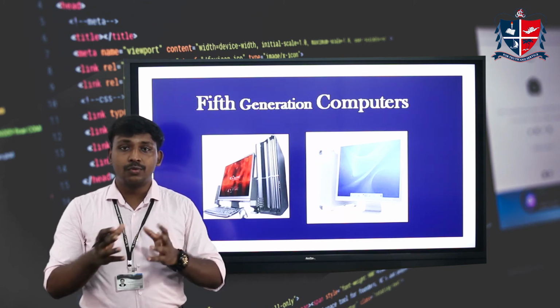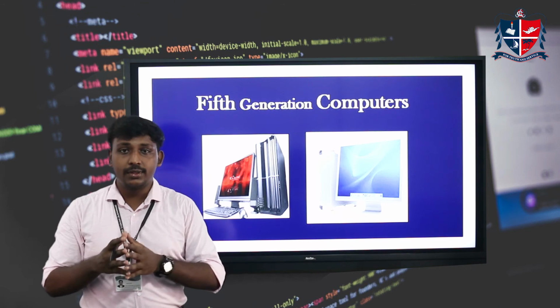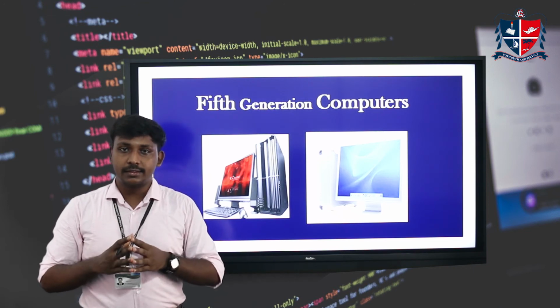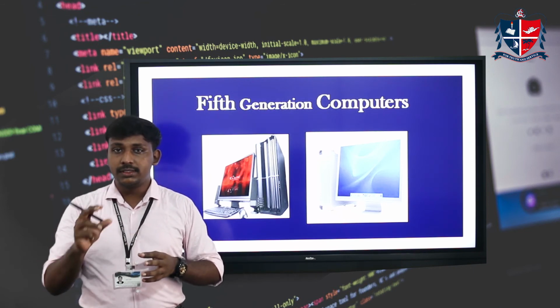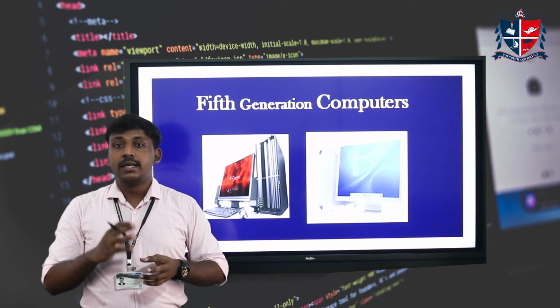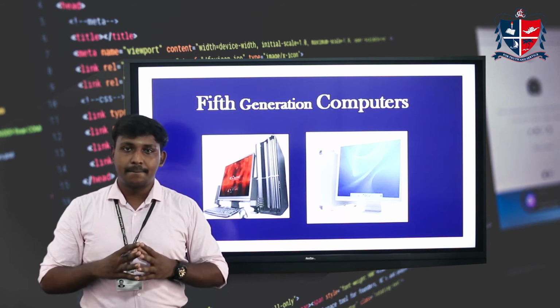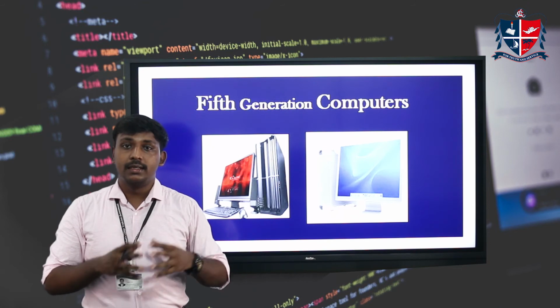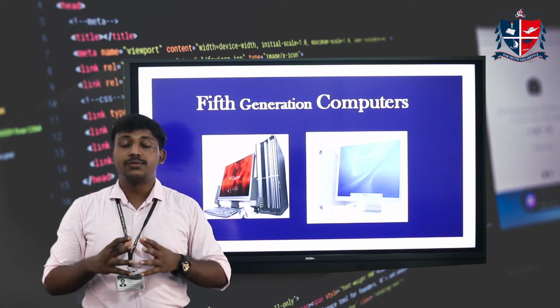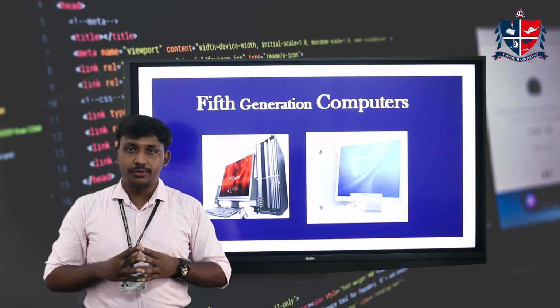After that, they evolved over time, in hardware as well as software. Now it is a smaller machine, a cheaper machine, with higher computing capacity. That is the advancement that happened in the evolution of computers, and that is what we classified as generations of computers.